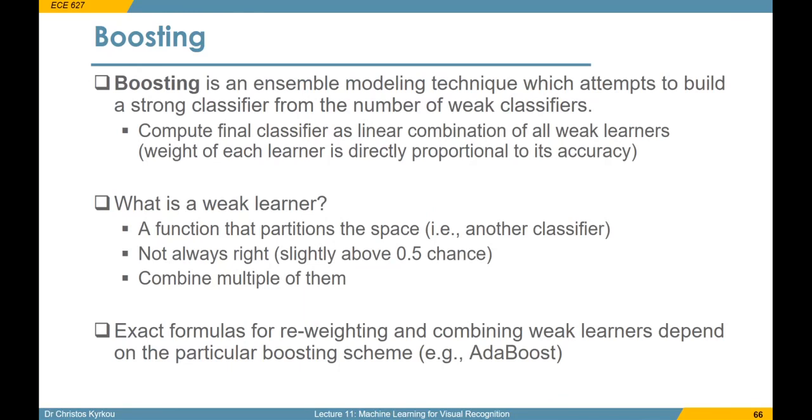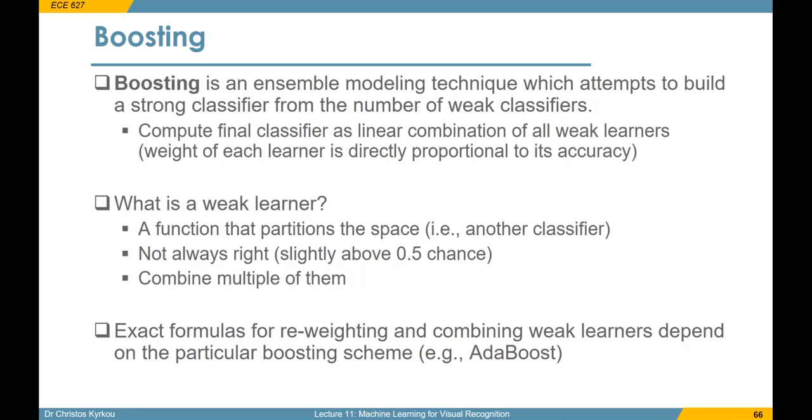Boosting relates to a series of methods that try to build an ensemble of models, that is, having multiple models working together to solve a problem rather than having just a single classifier. The idea is to build stronger classifiers using what we call weak classifiers. A weak classifier or a weak learner is a classifier itself, but the difference is that it's just a bit better than random chance.